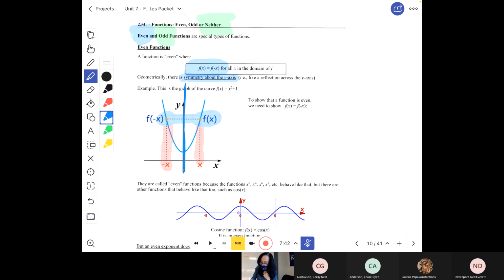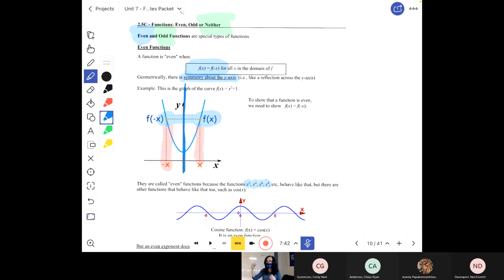Now, just because you have an even power of x, if I'm talking about the parents, they're even. But if there is anything else, just because you see x squared, it doesn't necessarily make it an even function.